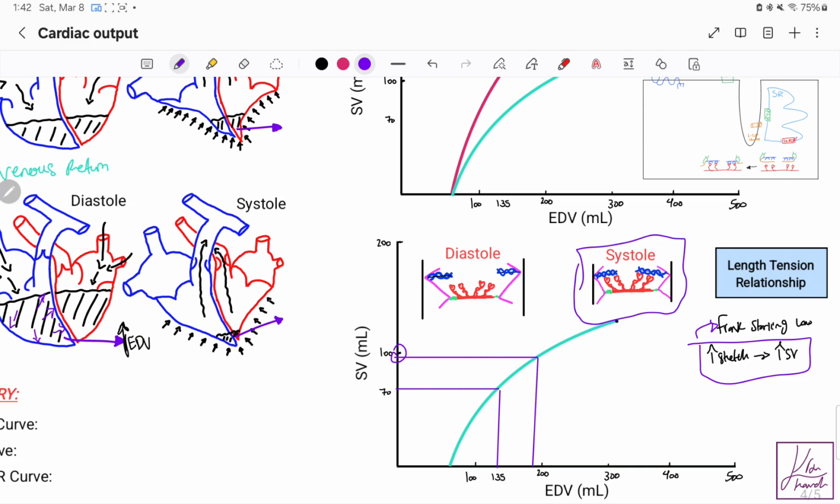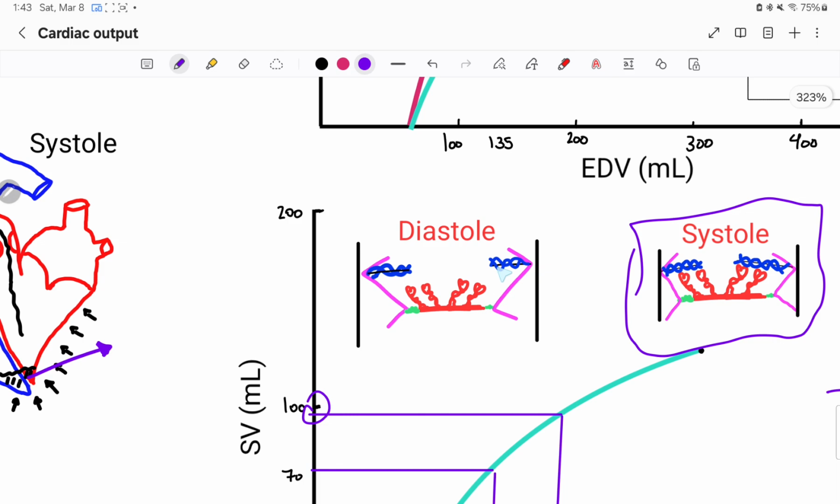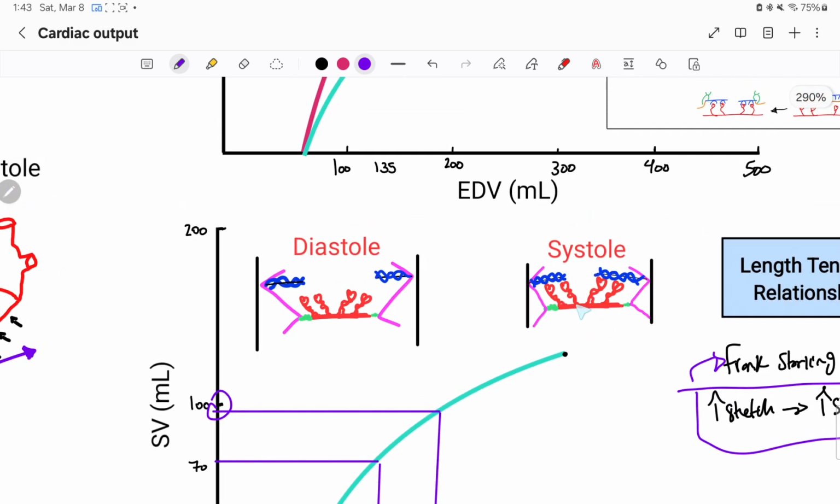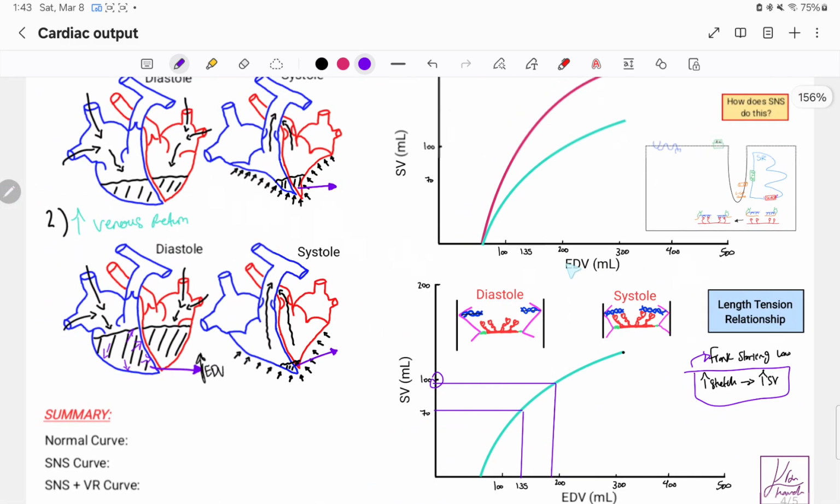When the myocytes become stretched, the thick and thin filaments, remember the actin thin filaments and the myosin thick filaments, start to overlap more as the heart is stretched more by the end diastolic volume, and then going into systole.